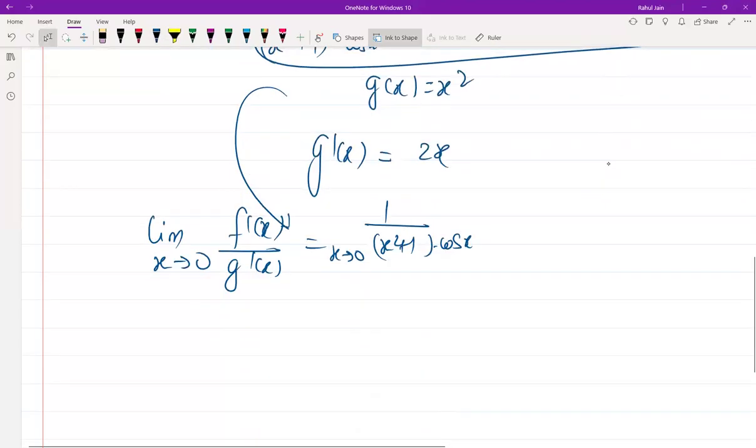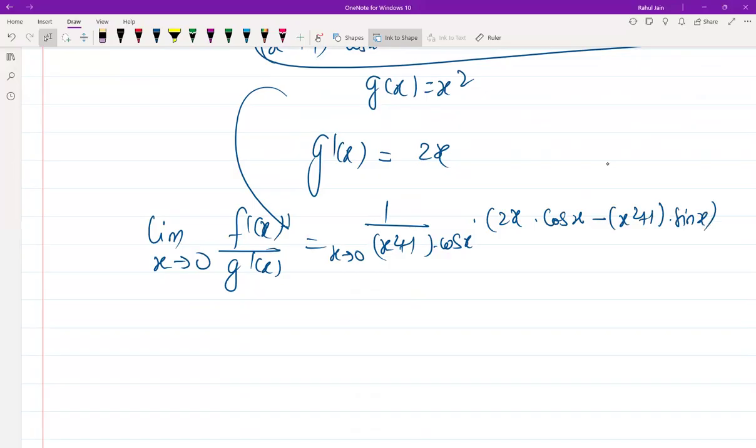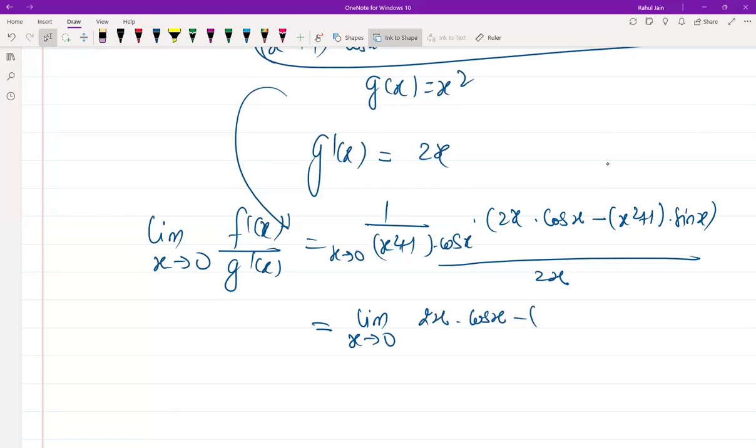So x tends to 0, 1 by (x square plus 1) into cos x, into, in the numerator, 2x into cos x minus (x square plus 1) into sin x, divided by 2x. Fine. Now if you solve it, limit x tends to 0, 2x into cos x minus (x square plus 1) into sin x, divided by 2x into (x square plus 1) into cos x.